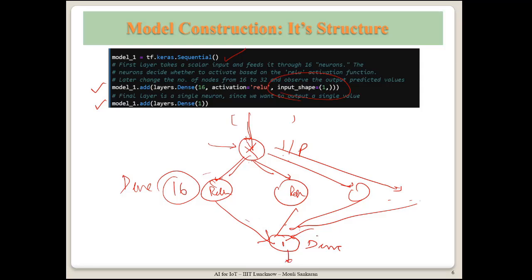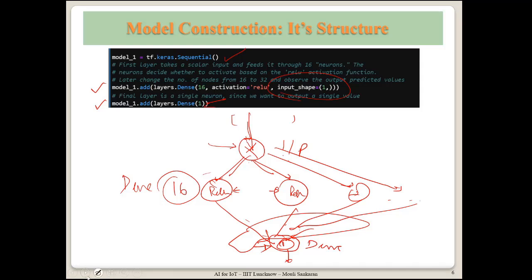That means this many are coming in. And then we say there is no ReLU function here. We don't have an activation function. Whatever is the sum of this will be given out. Now this also has a bias. Each of them has a bias, which is not shown in the picture.